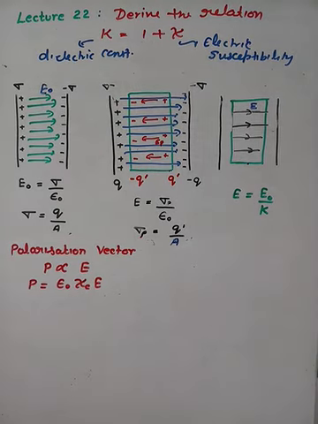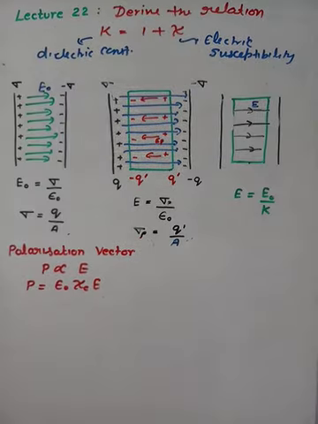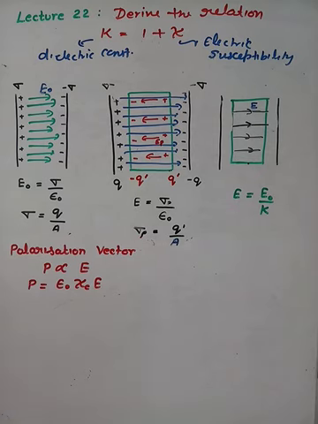We discussed this 4-5 lectures back. And what is the polarization vector? It is defined as dipole moment per unit volume.